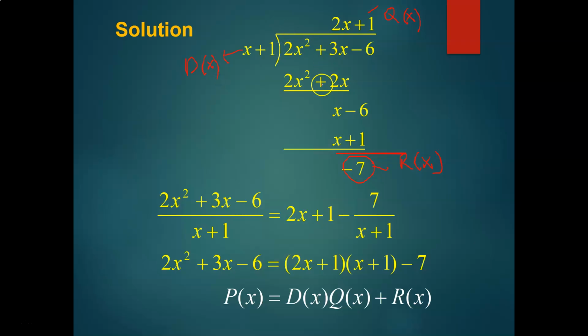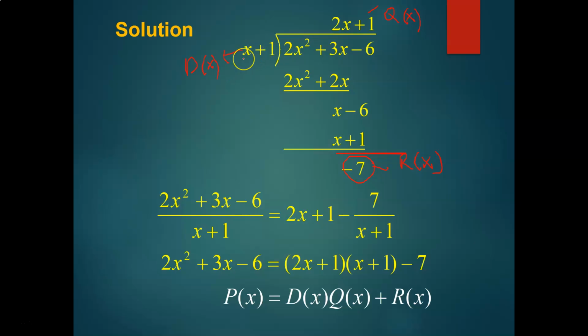So how to perform long division? Okay, kita buat macam ni. X plus 1 kena kali berapa untuk dapat 2x square plus 3x ni. So kita tengok x dulu. X jangan sekali terus dengan x plus 1.